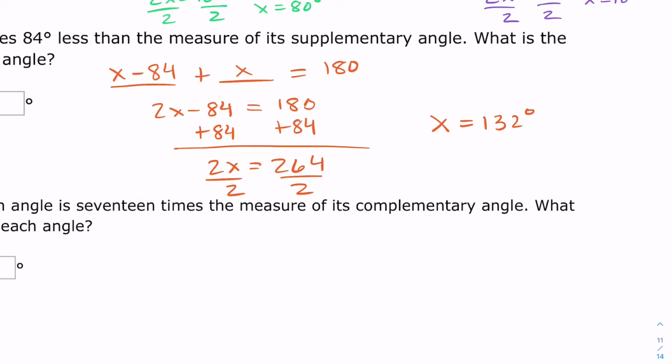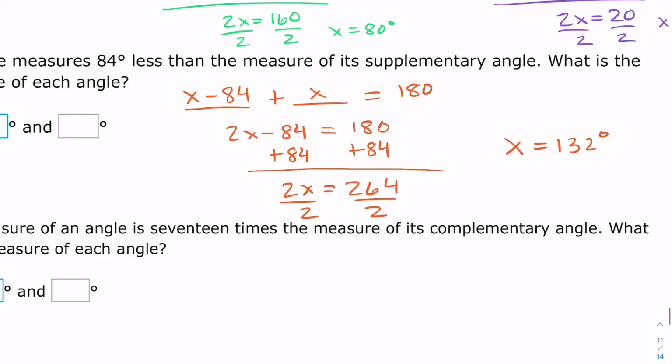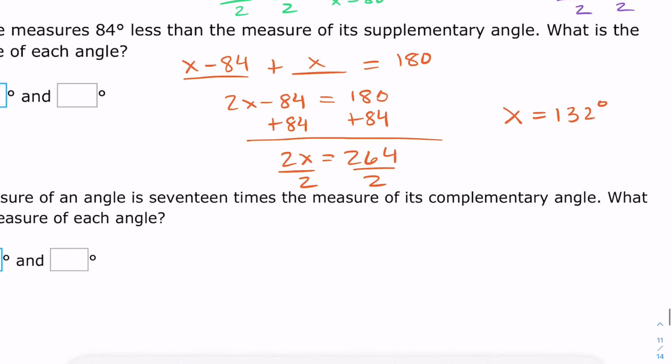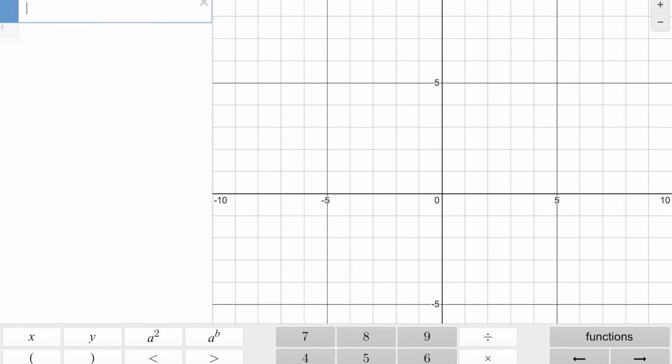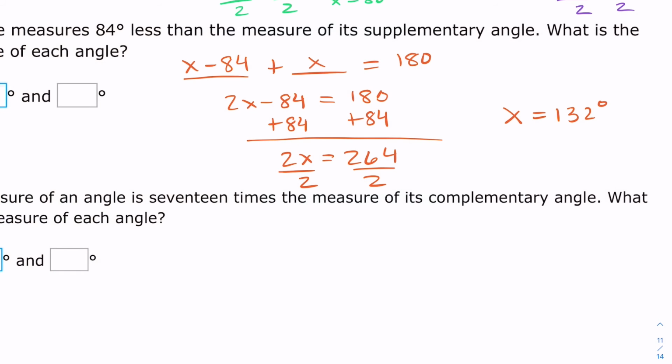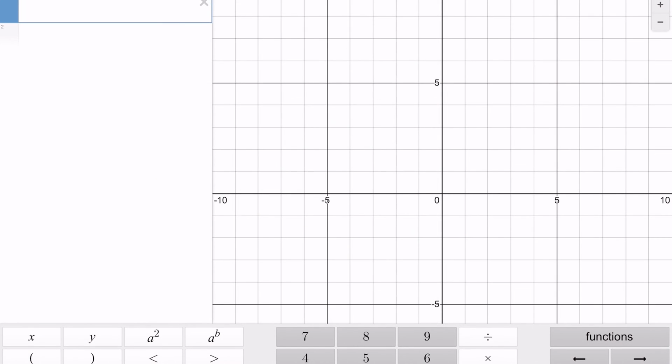132 degrees. So in this case, if something is 84 less than that, let's do 132 minus 84. I'm sorry, I was doing 180 minus 130. 132 minus 84 gives me my other angle, 48.